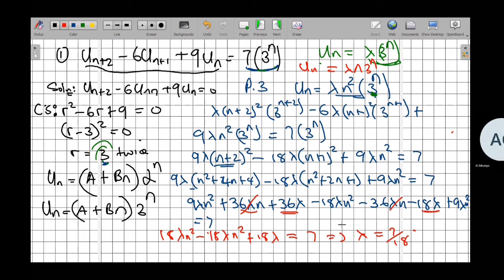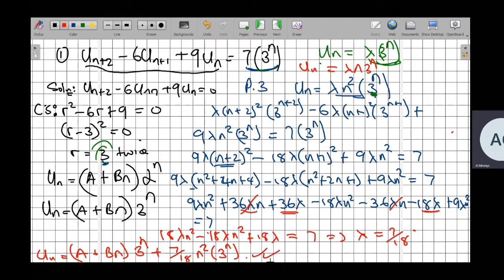Okay. What does that mean now? That means u_n is equal to (a plus bn) 3 to the power of n plus the particular solution, which is 7 over 18 n squared 3 to the power of n, like this.